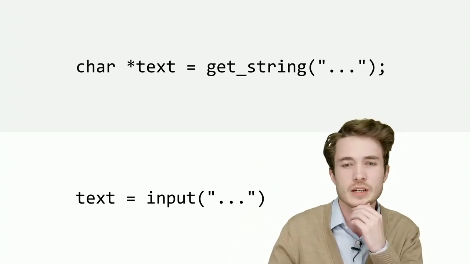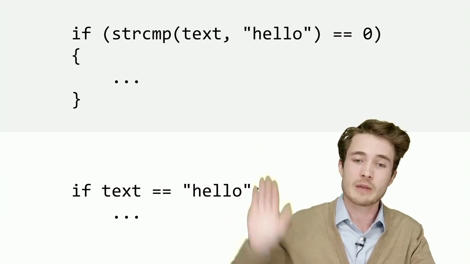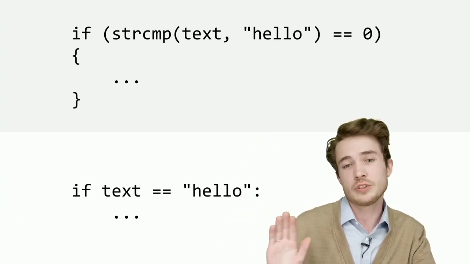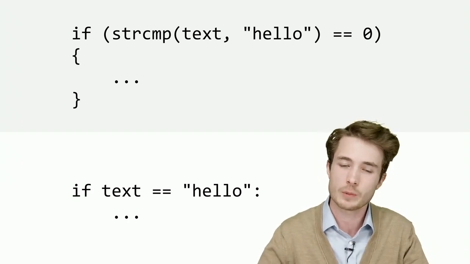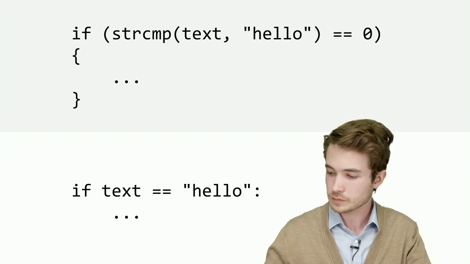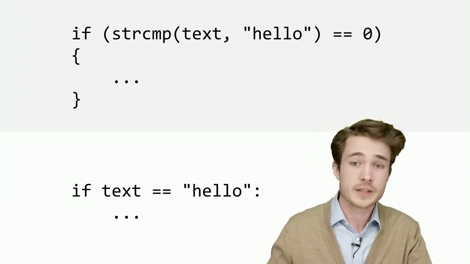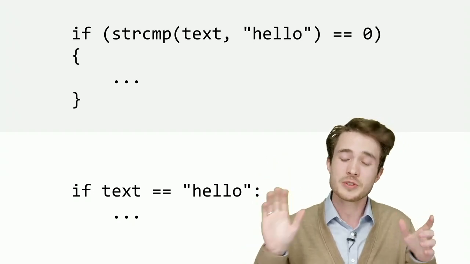But how would we actually compare them, perhaps? In C, we had this top code, and in Python, we now have this bottom code. Take a moment, maybe pause the video, and think, what differences do you notice between the top and the bottom? Maybe you've seen that in the top, we are comparing text with hello using a different kind of function.